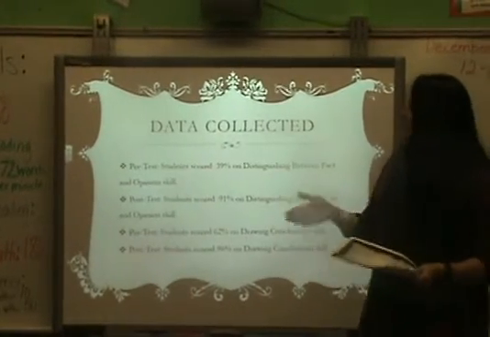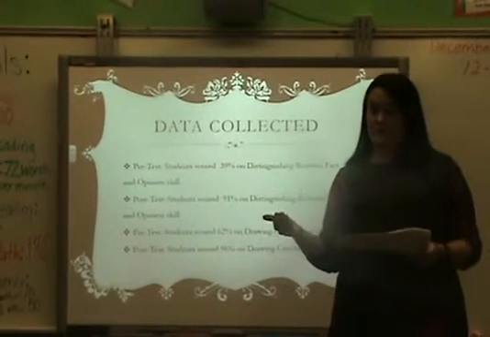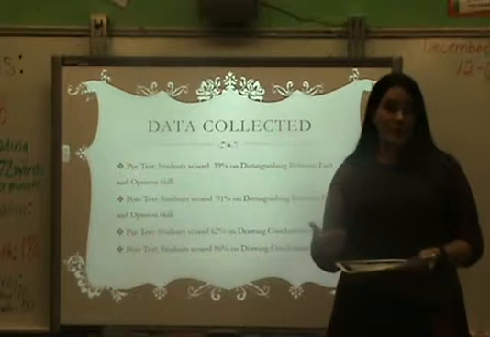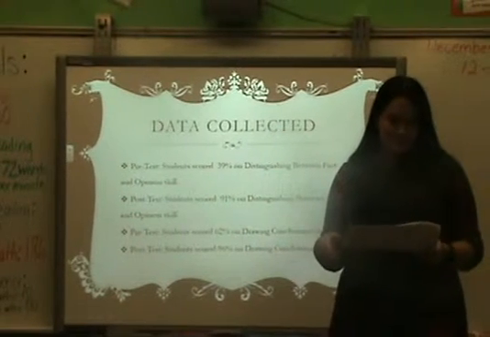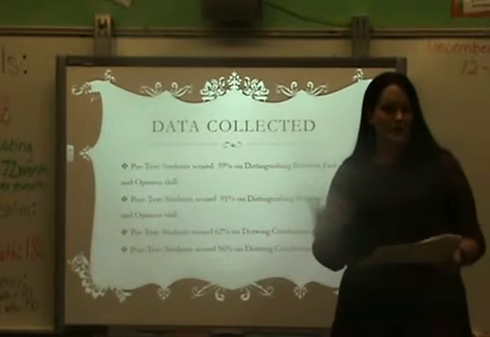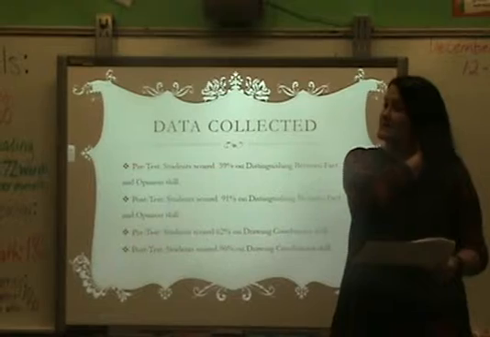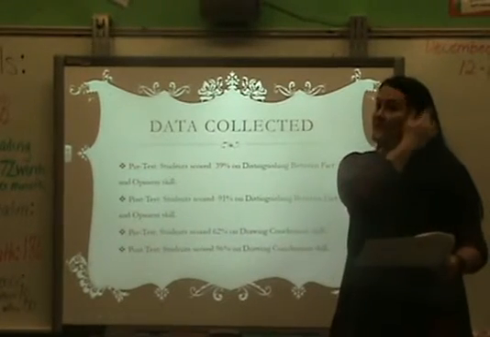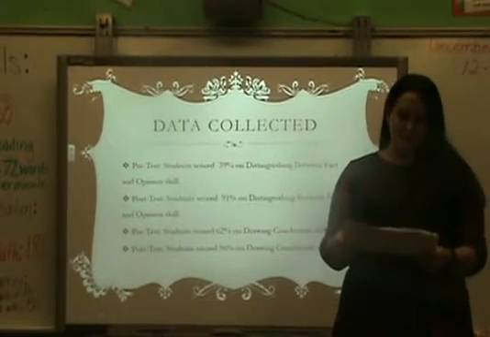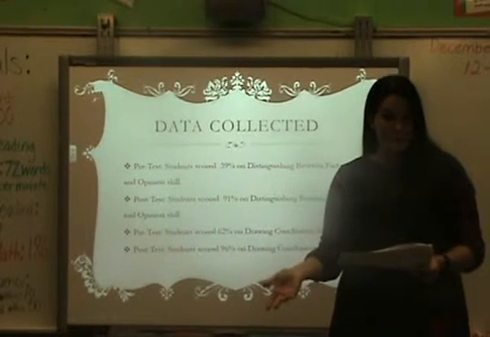The data that I collected on the very first pretest, for fact and opinion, they scored a 39%. A few got it, but I knew that with such a low percentage and the way some of the questions are worded on some of the tests, it would benefit them to get it whole group also. On the post-test, we were up to 91%.